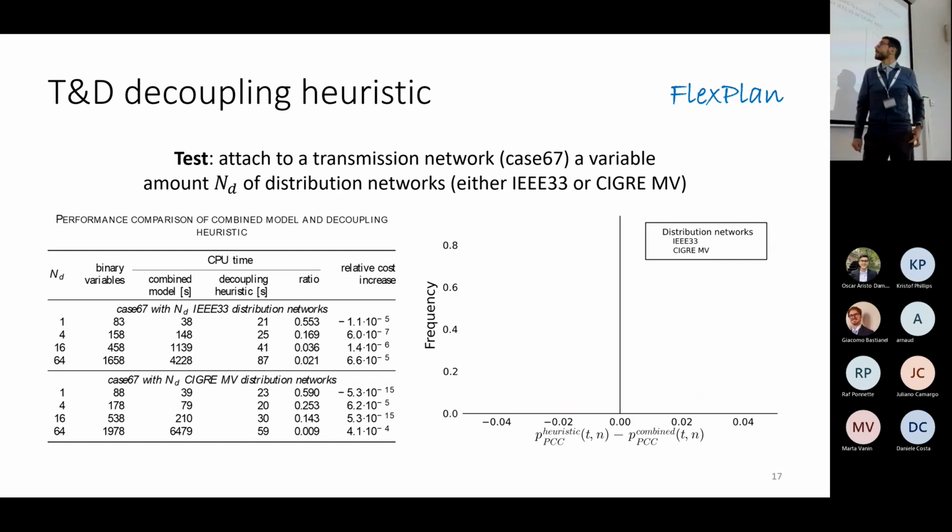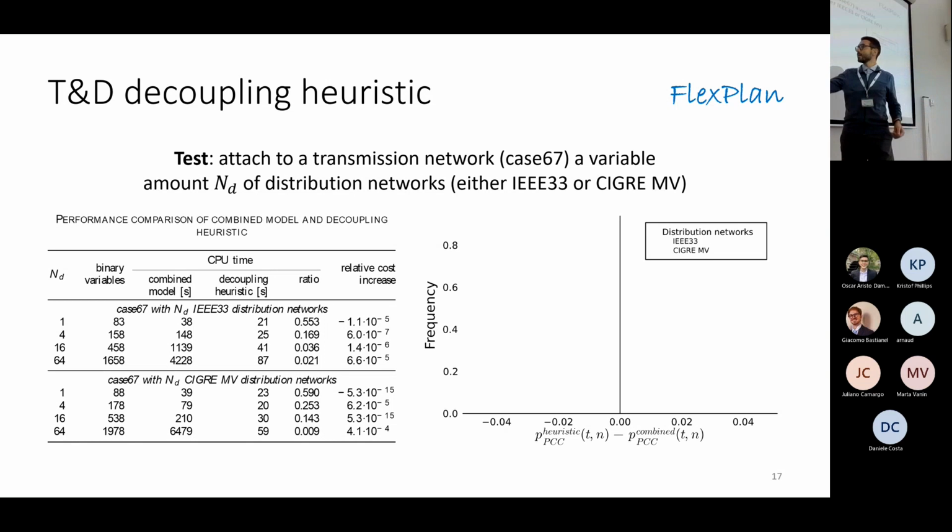The decrease in computation time is huge in some situations and depends on the amount of distribution networks considered. For instance, with a high amount of distribution networks, the time decreases from 6,000 seconds to around 60 seconds, so by a factor of 100.